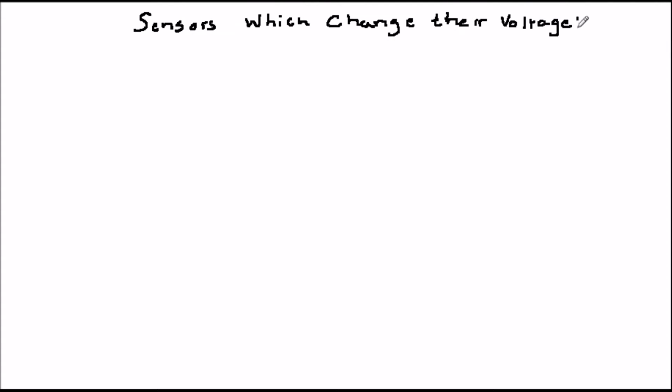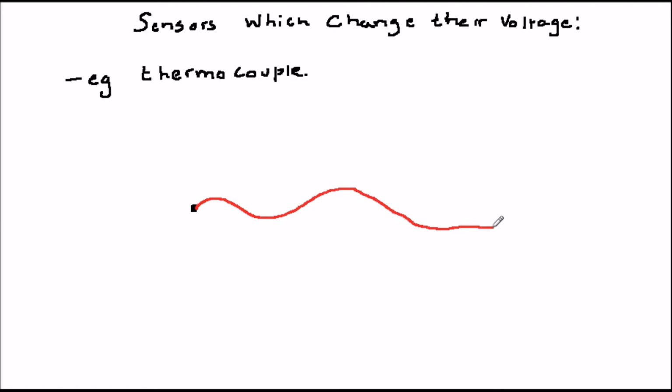So let's start our exploration with sensors which change their voltage. A good example of this type are thermocouples. These measure temperature and consist of two wires which are made from different materials joined at a point called the junction.